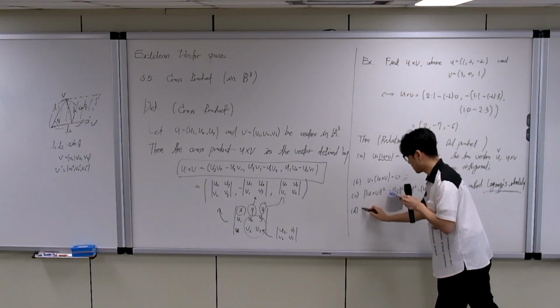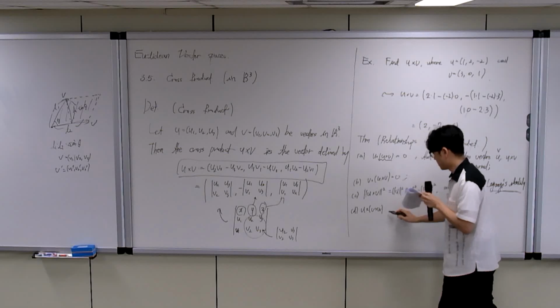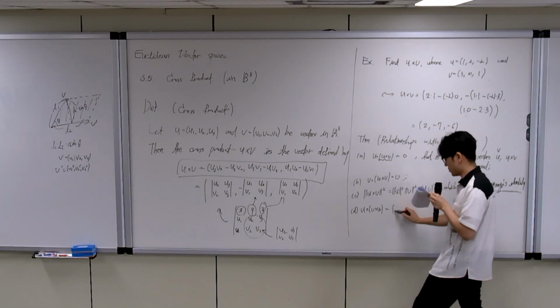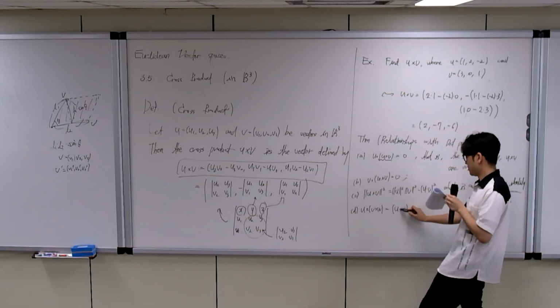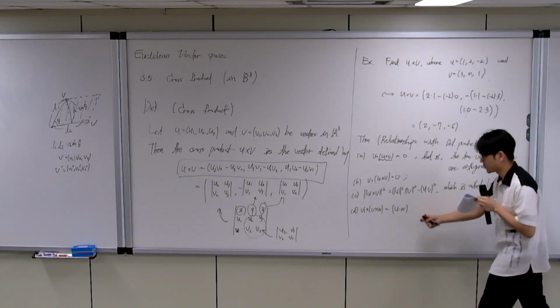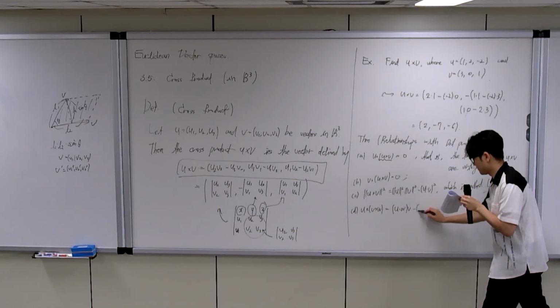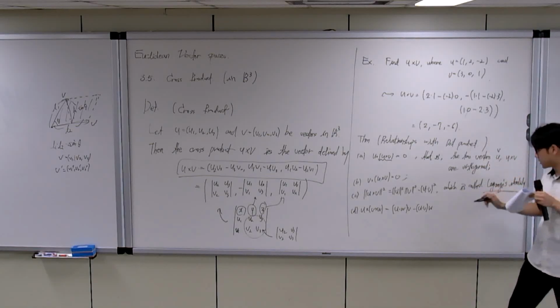And the third one has a special equality. When you calculate the double cross product, it will give these vectors.